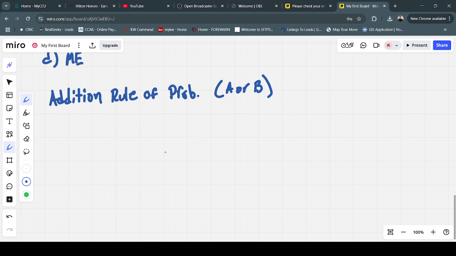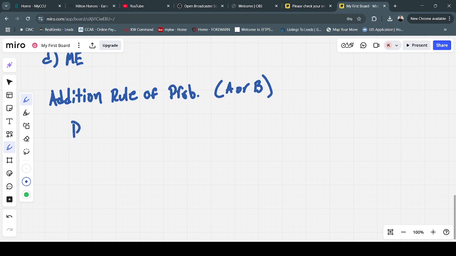Sometimes in life you have either option A or option B. Depending on whether they're mutually exclusive or not, the answer could get a little complicated. If these options are mutually exclusive, it's pretty easy. We just add the probability of both and move on. If they are not mutually exclusive, meaning there are options in A that also show up in B, we have a counting issue. We can overcount.